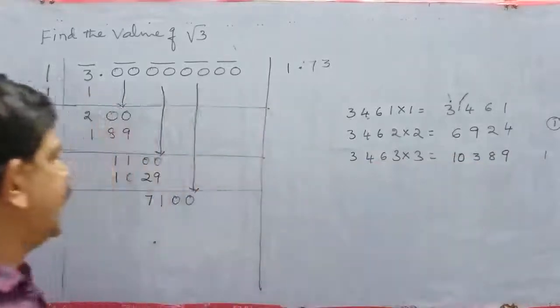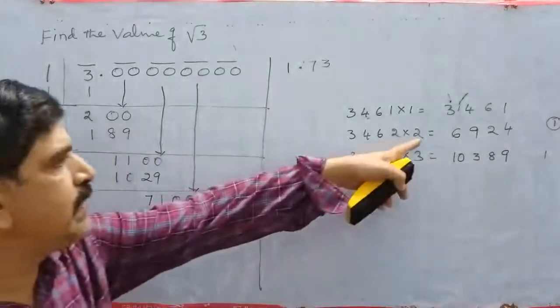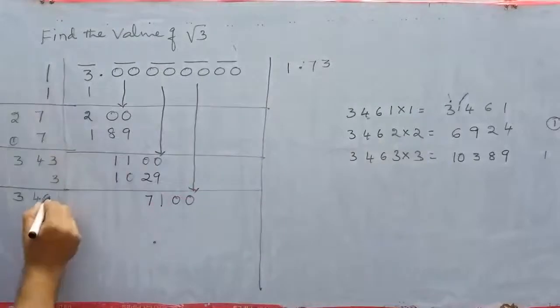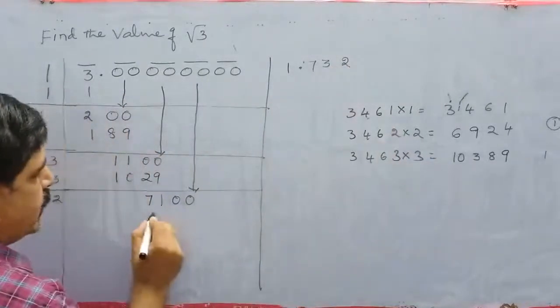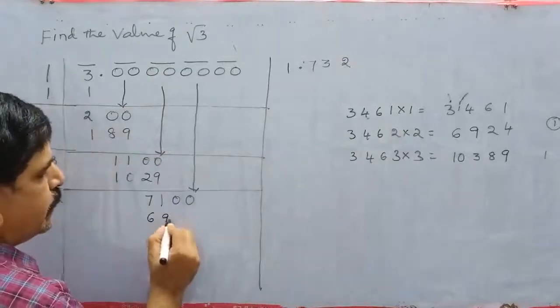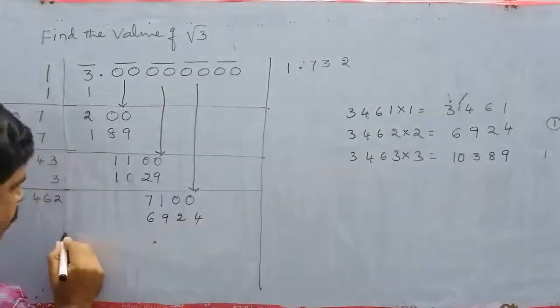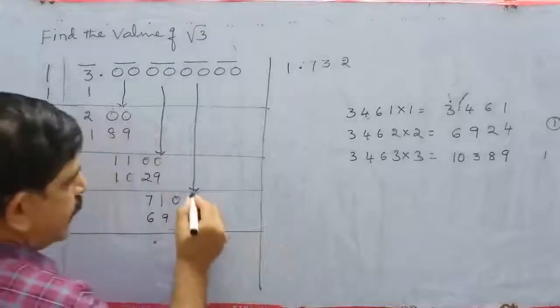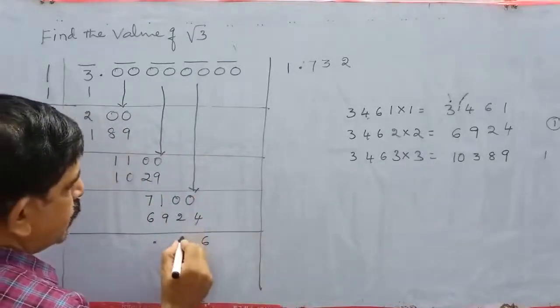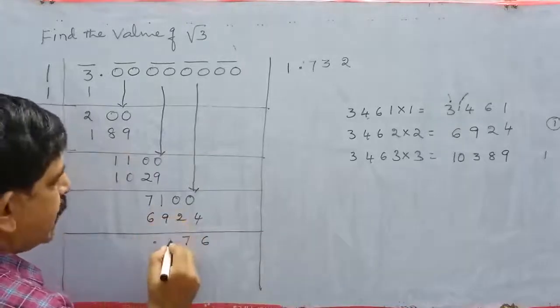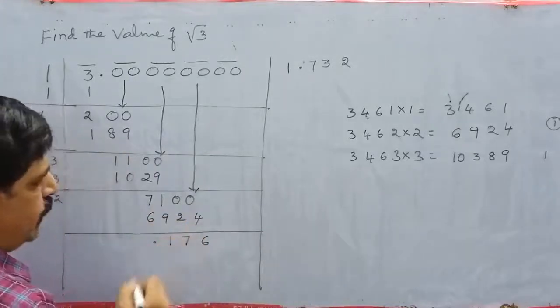So here how many number of times? 2 times. So you write 2 here and here 2, 6924. Now 10 minus 4 6, 9 minus 2 7. Next to 10 minus 9 1.